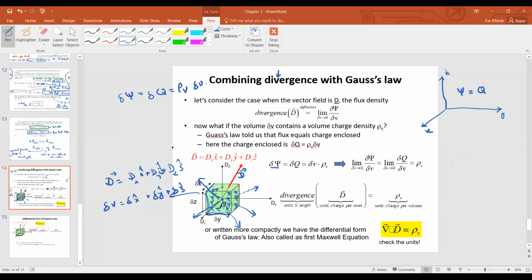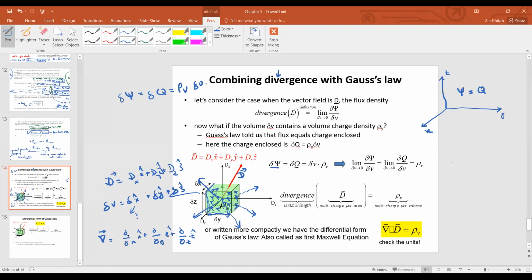Now, what is the most important parameter which defines this? It's the del operator. It gives you the differential change in the x direction plus the differential change in the y direction plus the differential change in the z direction.